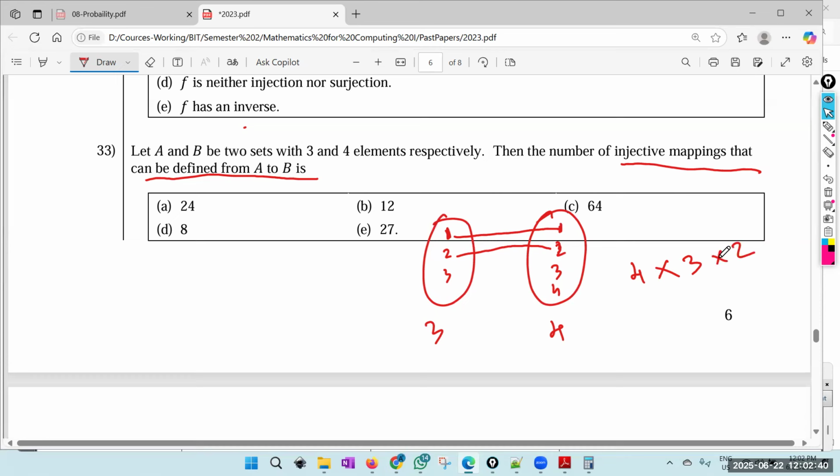I think I used the same logic for the 2022 question, which was almost the same, right? So I'm just using the same logic because it worked for that question. So how many injective mappings are there? 4 into 3 into 2. 12 into 2, 24. Is it correct? Let's see. I hope it's correct.